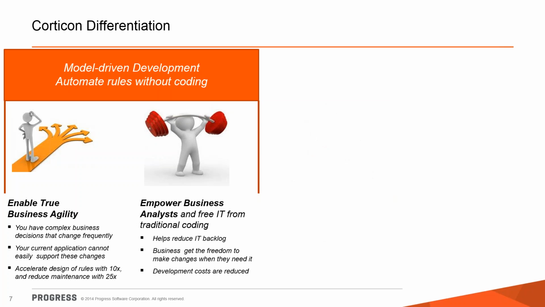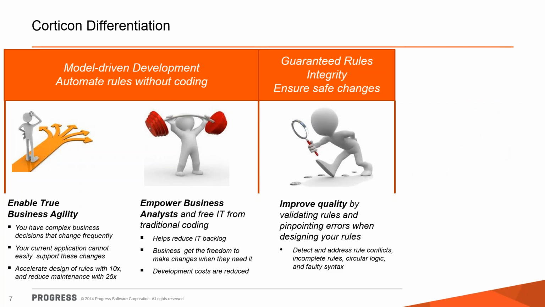The other advantage, and I'll go into each one in more detail in the next few slides, but the second differentiating factor for Corticon, and Mike, you can build these out, is the rules integrity piece, which is how do you make sure that the logic that you're writing is complete, doesn't have any logical loops, doesn't have any ambiguities.